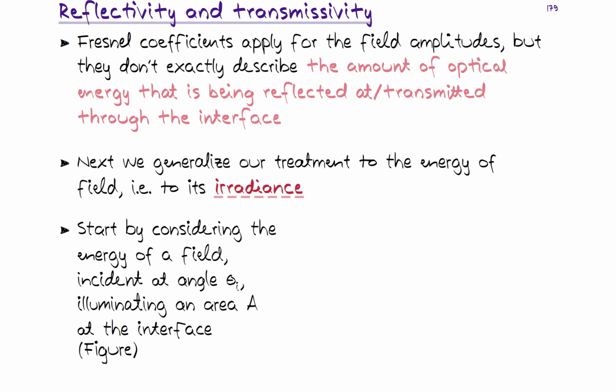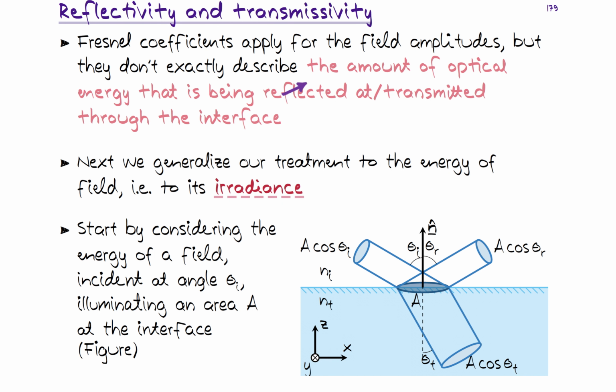I will still come with a plane wave into an interface, and the incidence angle still is theta I. But instead of a full plane wave, I need to imagine coming with, for example, a given sized beam or only a portion of the plane wave. The cross-sectional area of this portion of a plane wave or my beam will be denoted with A. I use the terminology of beam here, but you could equally well imagine it's a portion of a plane wave.